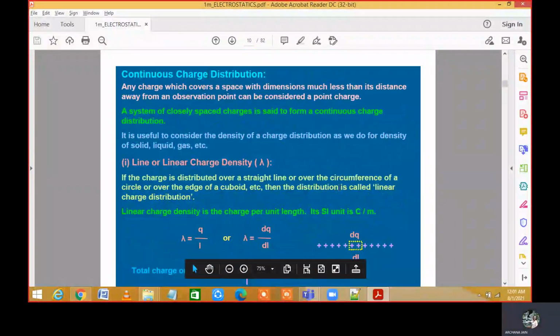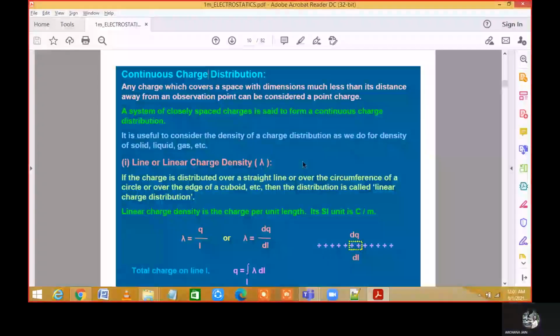Now come to continuous charge distribution. We have studied about point charge. Q is the point charge. Now we will take Q as continuous charge. It is not a point charge. Any charge which covers a space with dimensions much less than its distance away from an observation point can be considered a point charge.